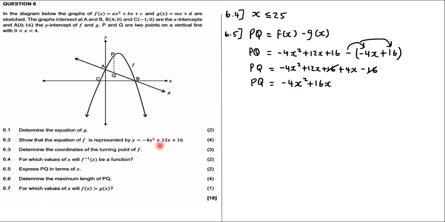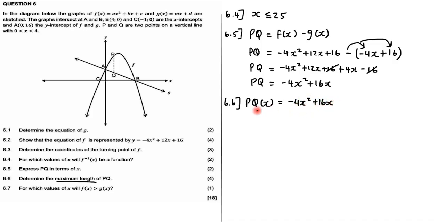All right, so the next question says determine the maximum length of PQ. To find the maximum length of PQ, 6.6, I'm going to write PQ of x as minus 4x squared plus 16x.